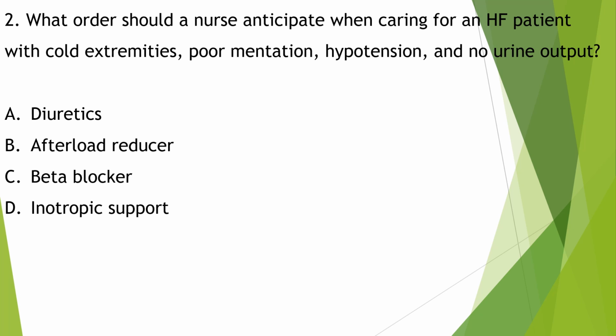The patient is experiencing decompensated heart failure and requires inotropic support to improve the contraction and thus increase the cardiac output. More aggressive treatment at this point is inotropic support. The patient needs to get diuretics, afterload reducer and beta blockers also.